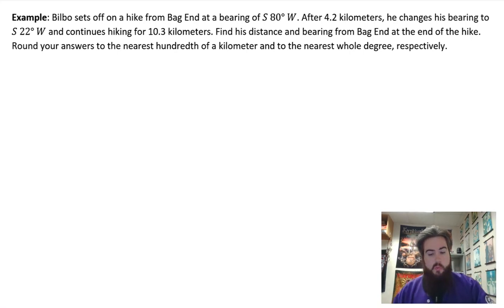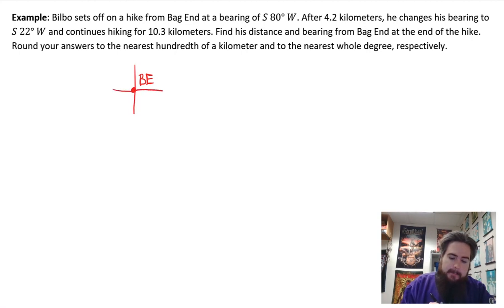Okay, so what we're working with here, if I draw a picture for this, let's start with the beginning. Bilbo sets off on a hike from Bag End at a bearing of south 80 degrees west. So, I'll make a point that represents Bag End. And if I want to represent south 80 degrees west, I will draw a little coordinate plane at Bag End.